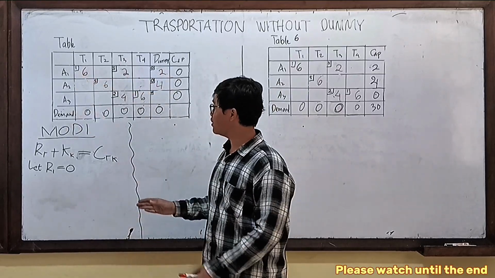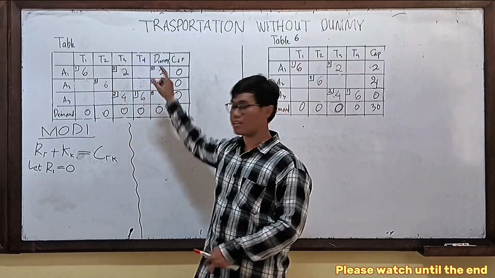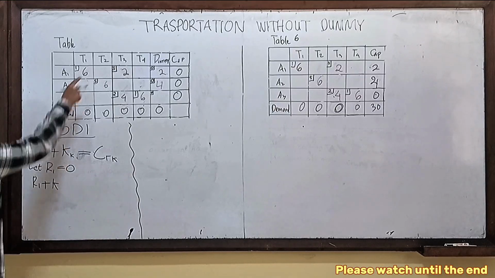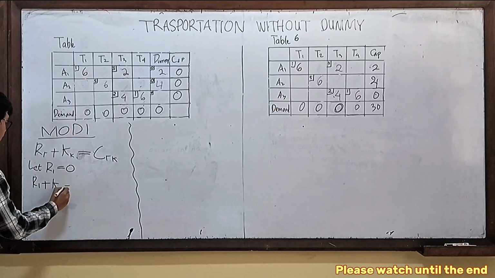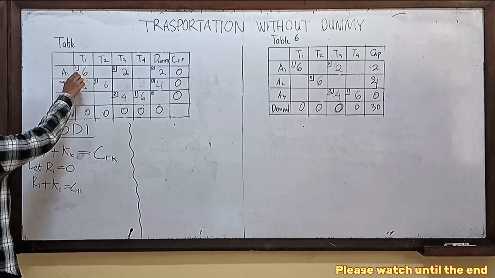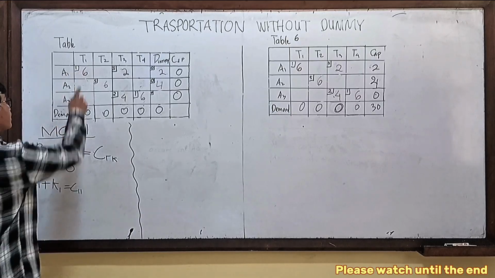Then we can know the values of K1, K3 and K dummy. Then we have R1 plus K1 equal to C11, this small rectangle here.